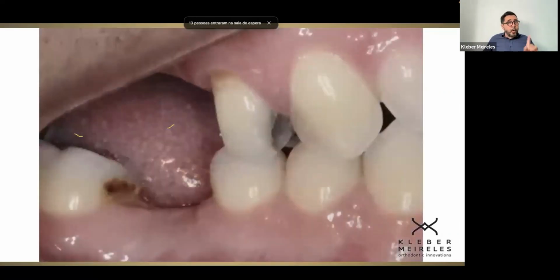If I'm using one line of action of the force, I want that line of action of the force in the lower arch to be at the height of the center of resistance, which is located between the molar roots, 1 millimeter apical to the furcation. And this is what I'm aiming for, to pass the force at that height.